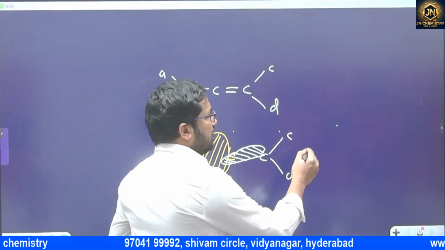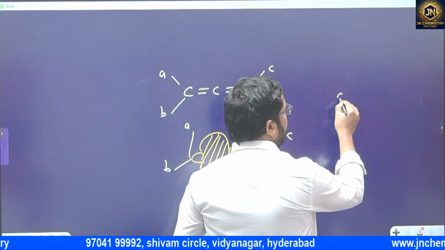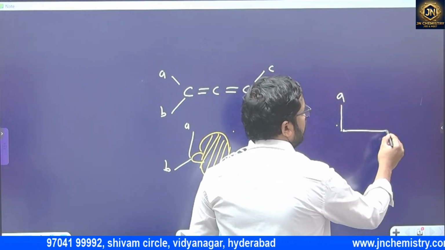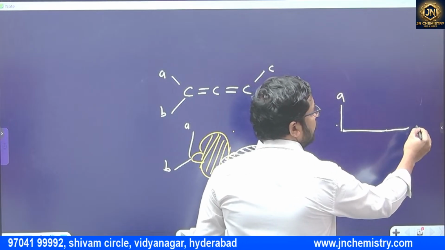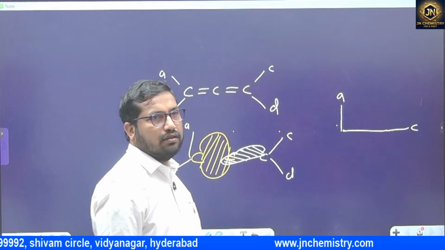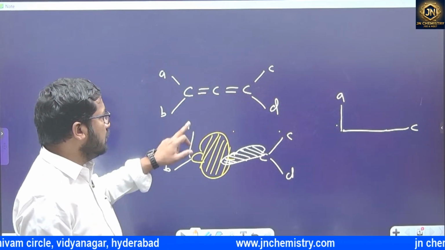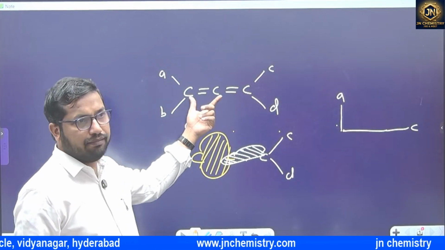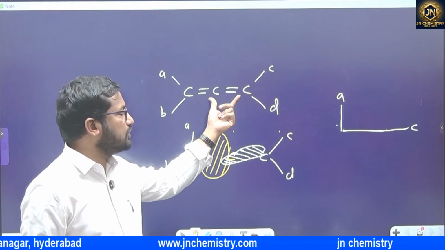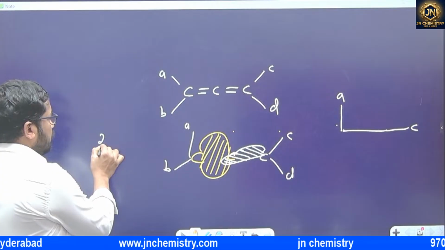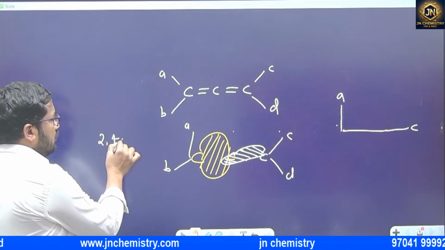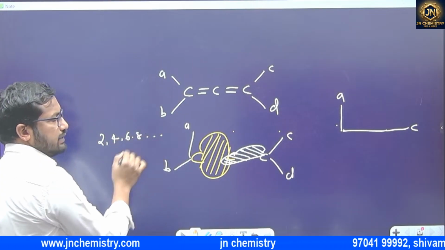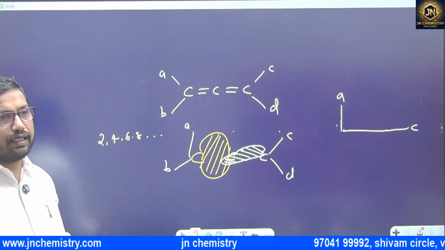Try to understand: it is A, and imagine this side is C. Both are perpendicular, so we can't say cis and trans. In case of even numbers of double bonds, like 2, 4, 6, 8, it won't show geometrical isomerism.